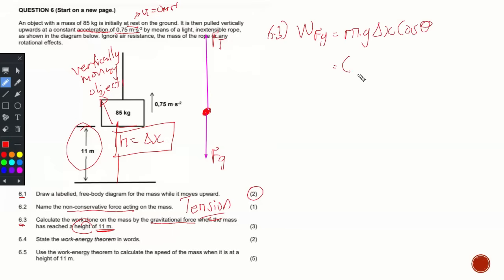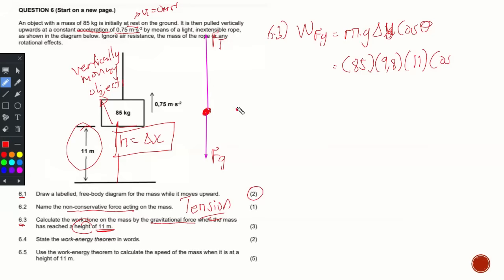So this will be, the mass is 85, gravitational acceleration is 9.8, your displacement, which we can also say is delta y because it's moving vertically, is 11. Then cos, let's now look at this. The work done by the gravitational force. Is it in the direction of the displacement or opposite the displacement?